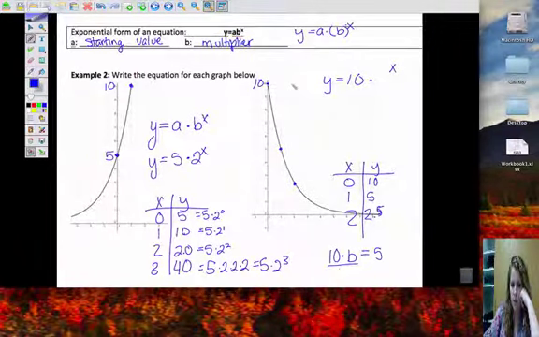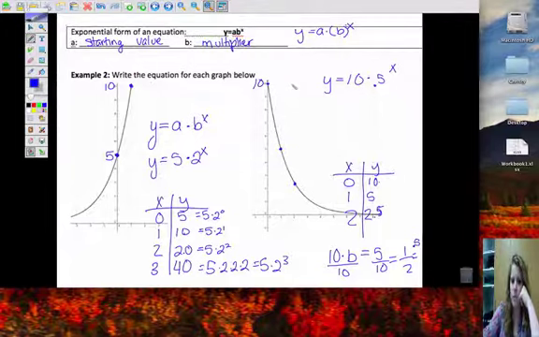Well, if we solve for b, dividing by 10 on both sides, then we get 1/2, or 0.5. Right? So we have a constant multiplier. 10 times 1/2 is 5. 5 times 1/2 is 2.5. So our constant multiplier here is going to be 0.5, and you can either write that as a fraction or probably easier to write it as a decimal.